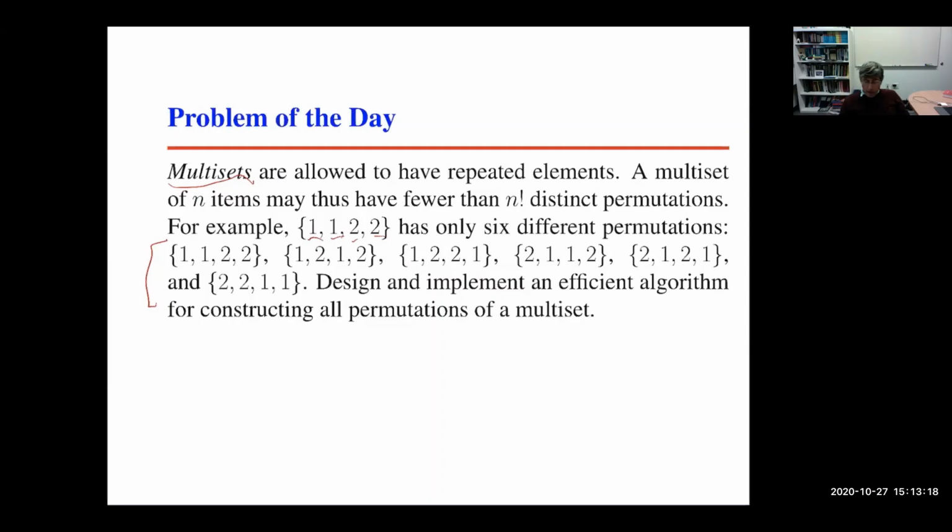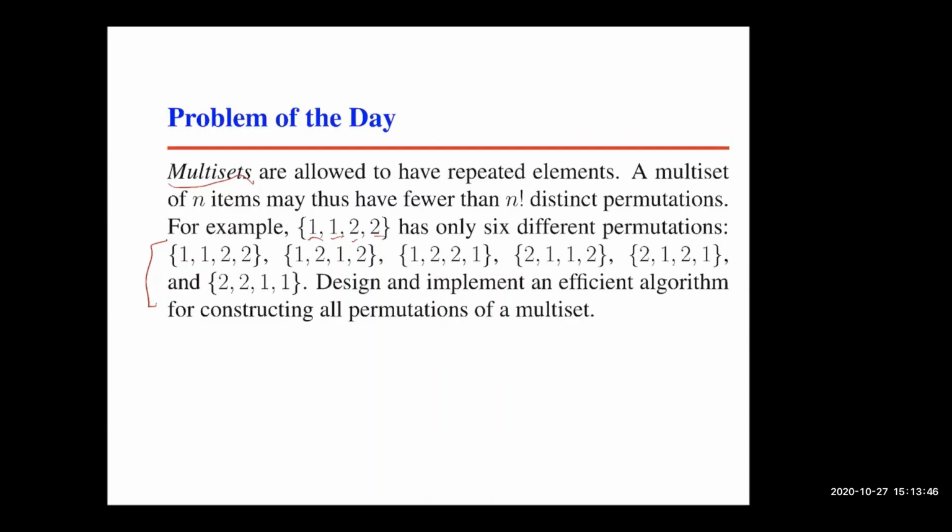So what I want you to do is show me how to construct all the permutations of a multi-set. What multi-set of items on 4 items will have the most permutations?